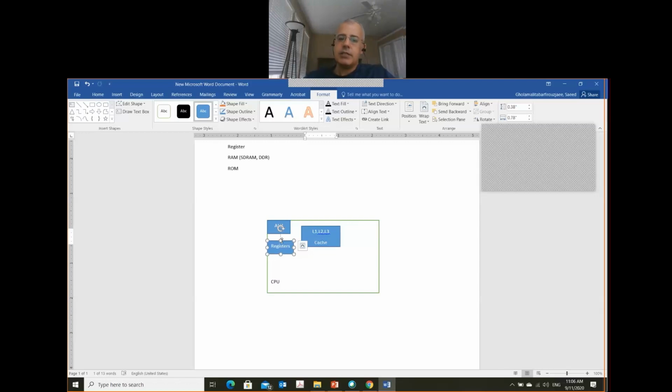Okay, is that clear so far? I would like you to just make distinction among all these types of storage. I don't want you to confuse them. Here is the cache, here is the register. These are enclosed in a central processing unit.